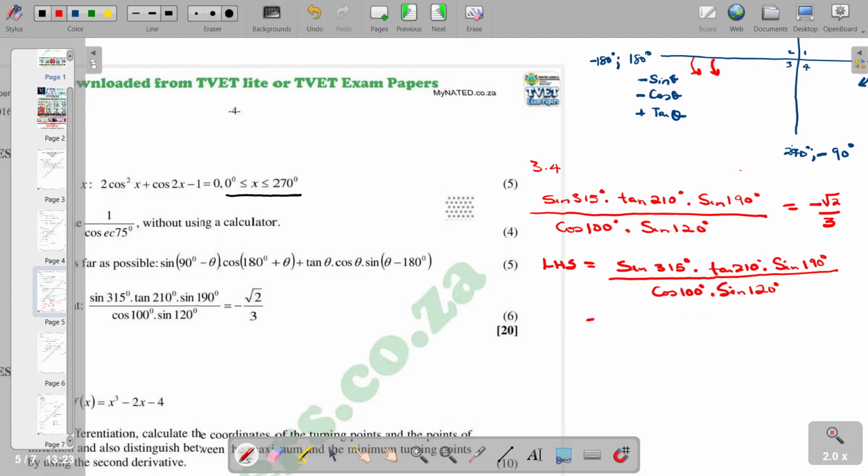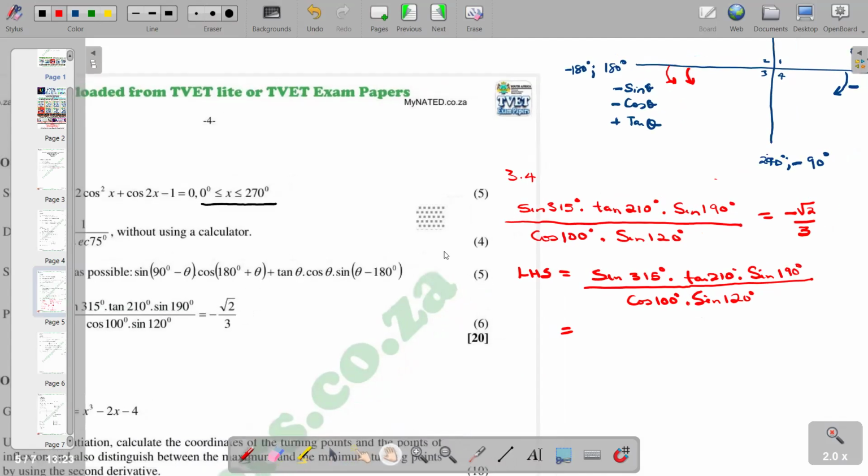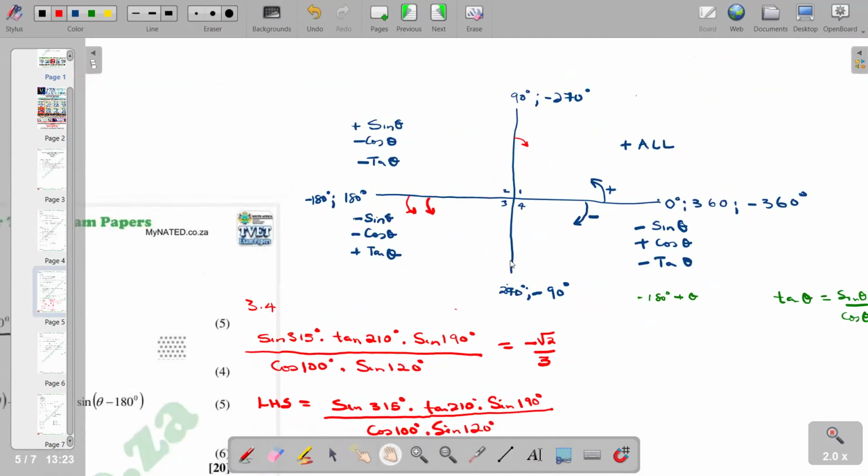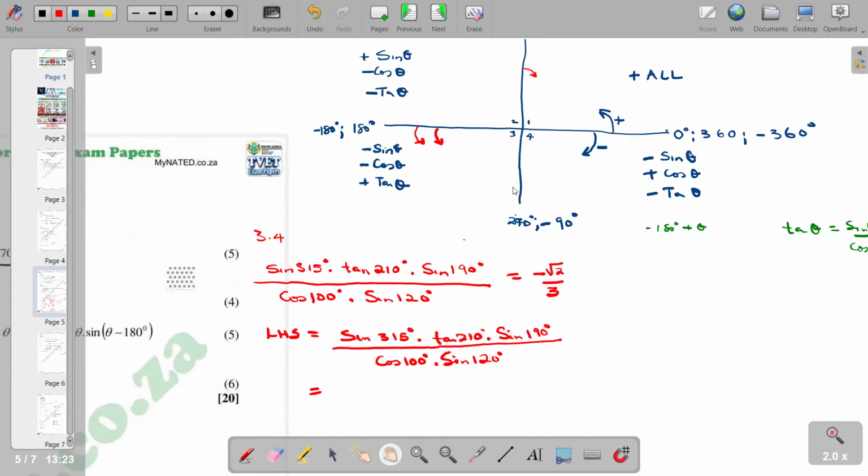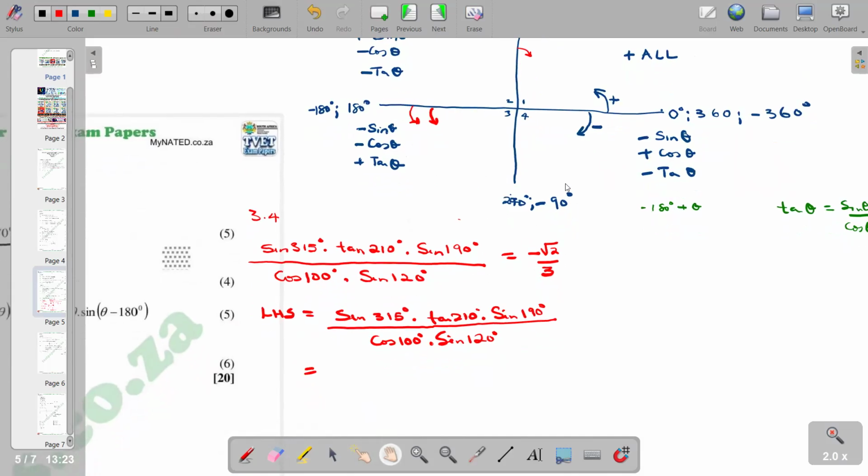So for us to simplify this type of question, we need again to understand our CAST diagram. Using the CAST diagram that we have drawn earlier on, on top of what we have known so far, you are supposed to know the general format of the angle that you expect to find in each quadrant.